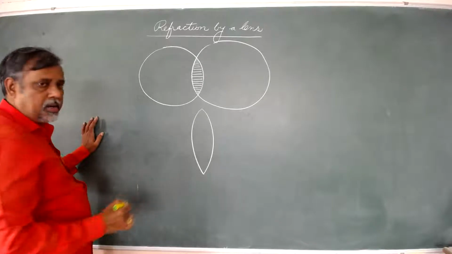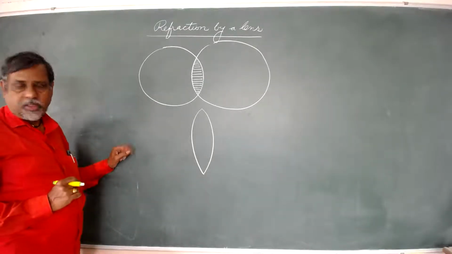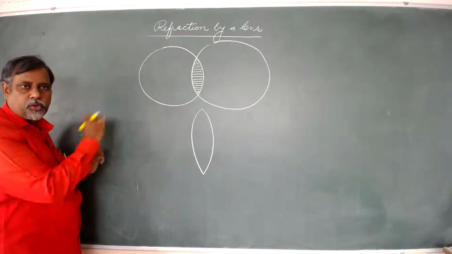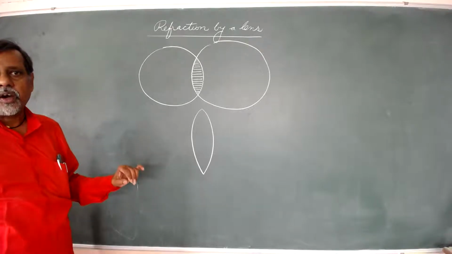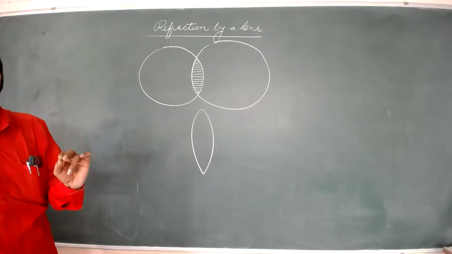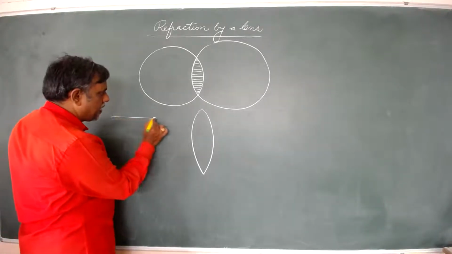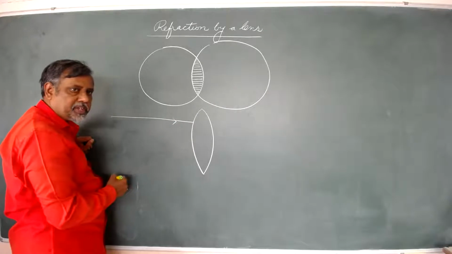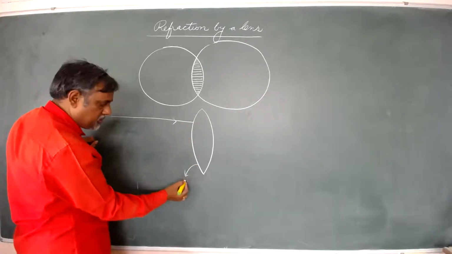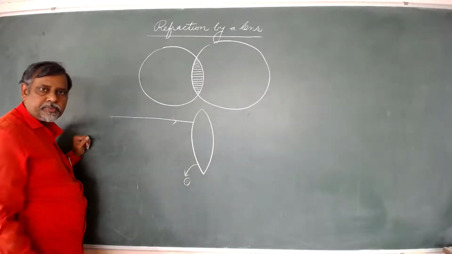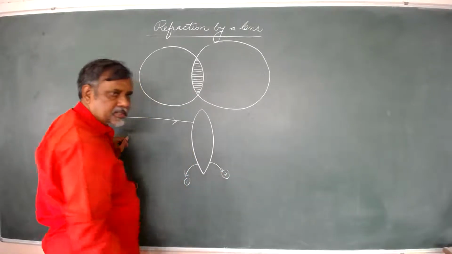If you take the refraction, how it passes, the propagation of the light ray has to be taken from left to right. Universal sign convention: always the propagation of light ray has to be taken from left to right. The surface which is touched first by the light rays is called the primary surface, and the second surface is the secondary surface.